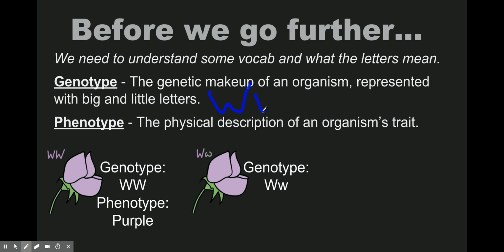So, for instance, if you were trying to write big W, little w, and you wrote this, well, I can kind of tell that second one is a little bit smaller, but it's not smaller by very much. So what instead I would want you to do is write your big W pretty big and your little w so small that it could not possibly be mistaken for a big W. So make a very clear distinction between your big and little letters when you are doing these Punnett squares. All right.